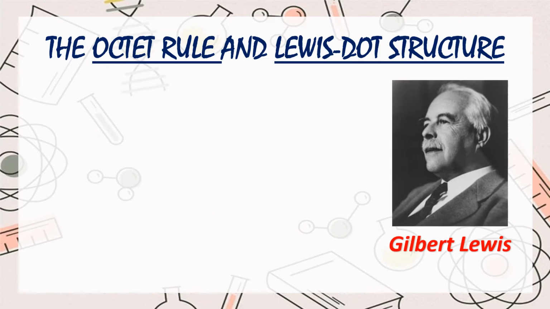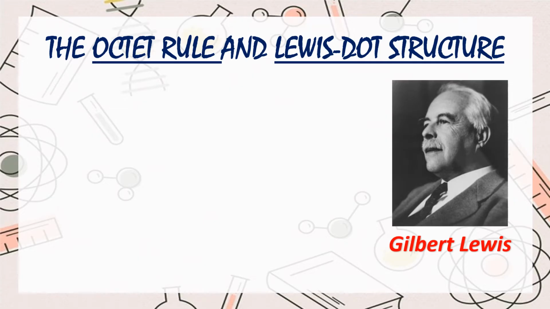It is a structure that represents the valence electrons of an atom. Just a review, when we say valence electrons, these are the electrons found on the outermost shell of that atom. And a Lewis structure consists of the element symbol surrounded by one or more dots depending on the number of valence electrons that element has.